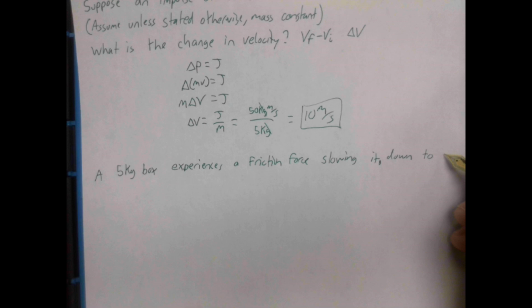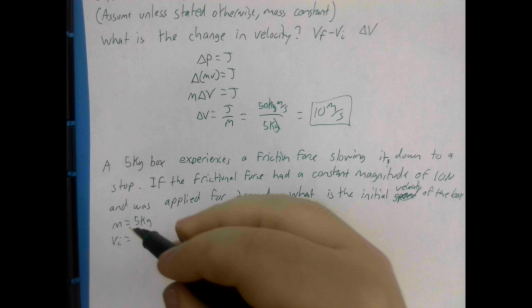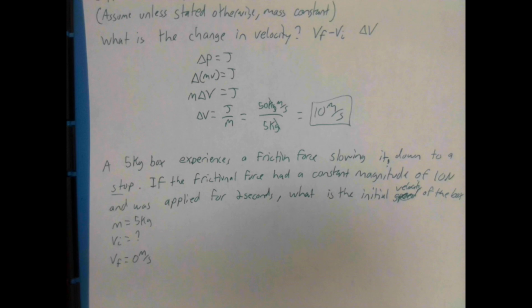Initial velocity of the box. So, mass equals 5 kilograms. Initial velocity is unknown. Final velocity, since it's coming to a stop, will be 0 meters per second. Again, frictional forces are opposing, so the frictional force would be negative 10 newtons.